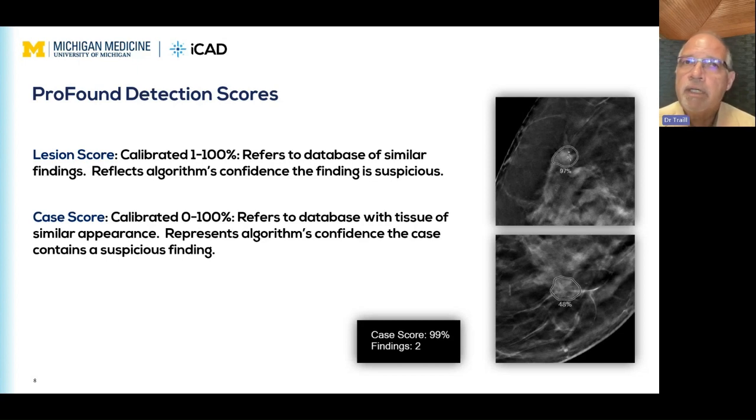So it's a binary decision here you're trying to make when you look at a screening mammogram. Do I bring them back or do I send them home? And actually, if the scores on the algorithm are very low, then the algorithm is pretty confident that it's not a malignancy. If they're very high, it's pretty confident it is a malignancy after you take out the mimic lesions. In the intermediate scores, the algorithm's not that confident one way or another.